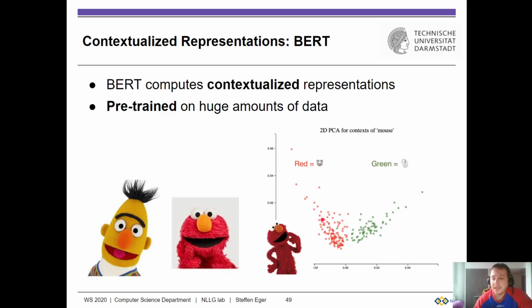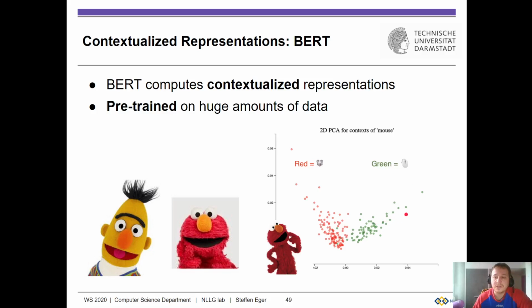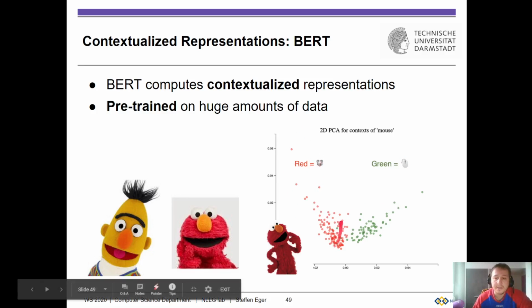And if we assign this word mouse contextualized representations and then check those representations, you will see that the computer mouse really gets different representations. Or you see here in each sentence, in each context, even the computer mouse gets a different representation, and the same holds for the animal mouse.